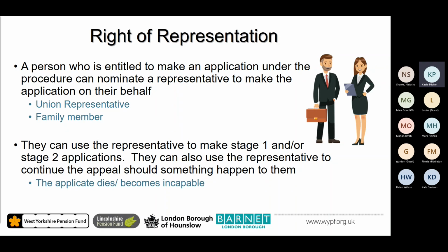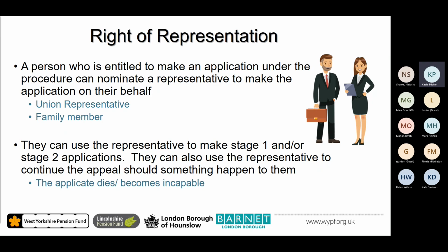Now, that would usually be either a union representative or a family member. They can use the representative to make representation at stage 1 and or stage 2 applications. They can also use the representative to continue an appeal that has started, should something happen to them.